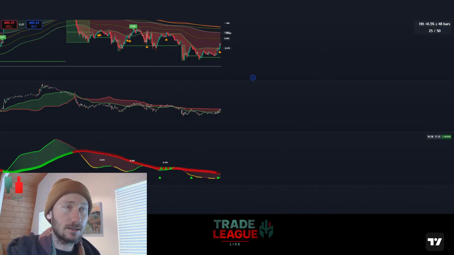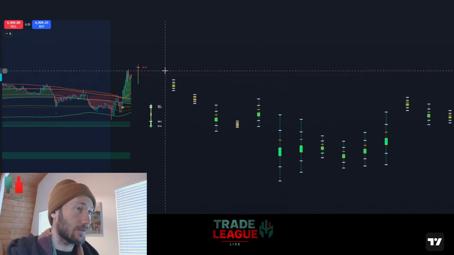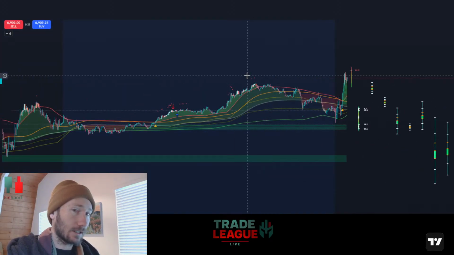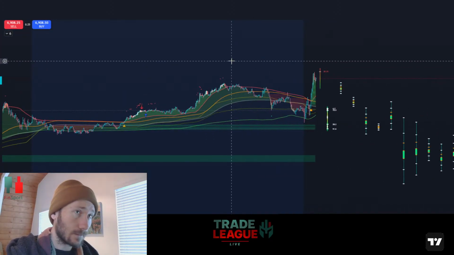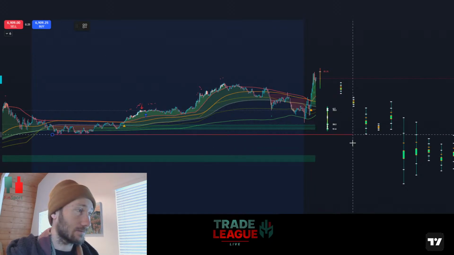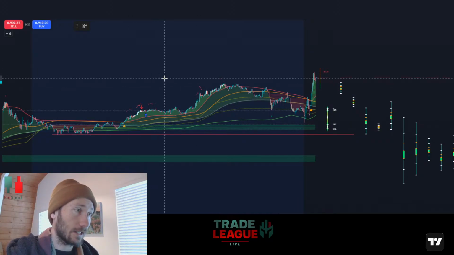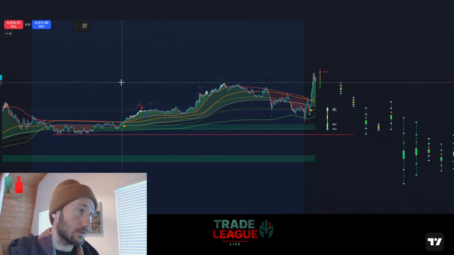Moving on. So my first step, really in the morning, is to see where futures are at. Look at the Globex and test levels out. Looks like we got Asia high and low, London low and high.